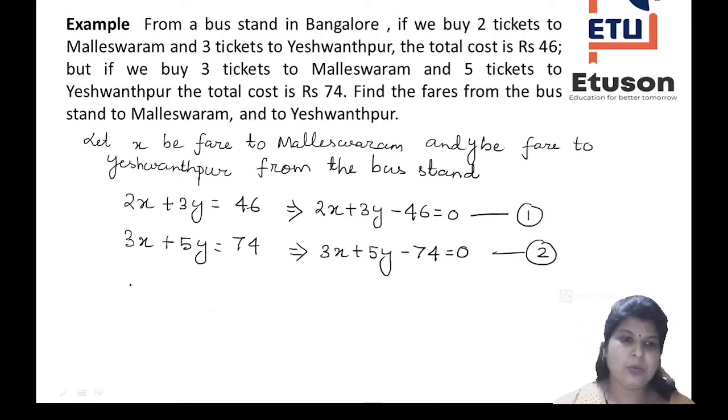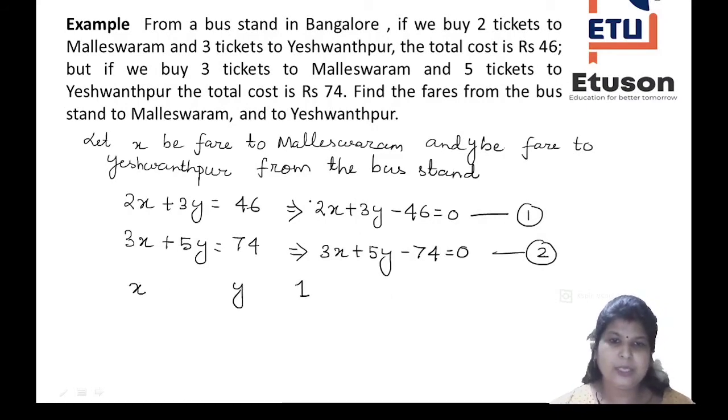What next? You have to draw this diagram: x, y and 1. Below that you have to write down the coefficients. For x you have to write down the coefficient of y, that is 3, then the constant minus 46, and similarly for the second equation it is 5 and minus 74.